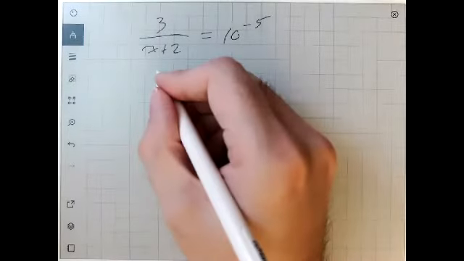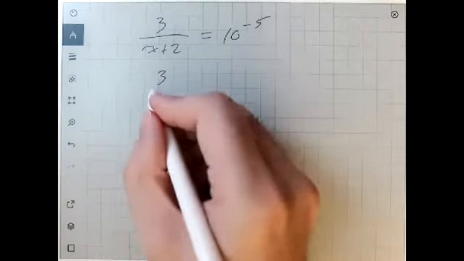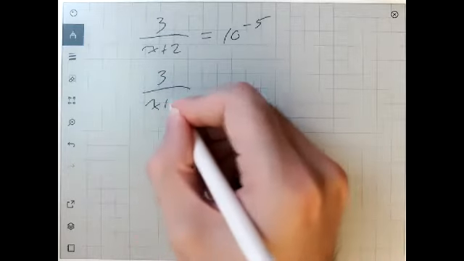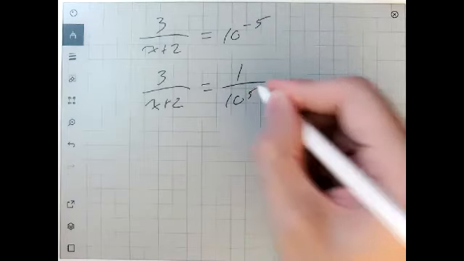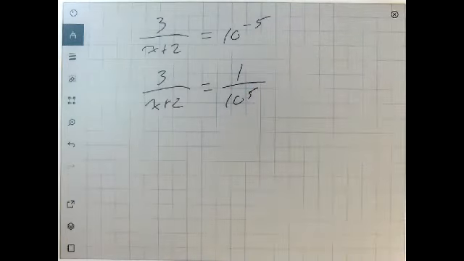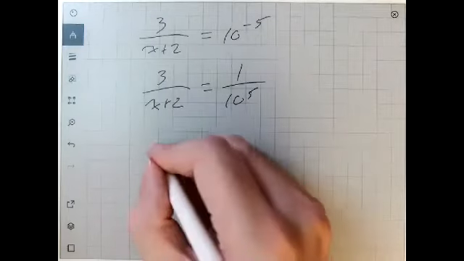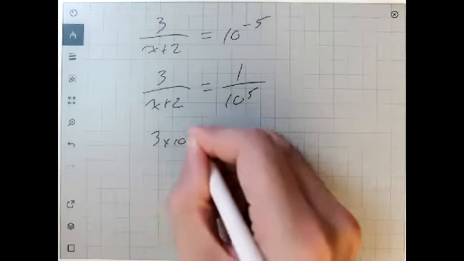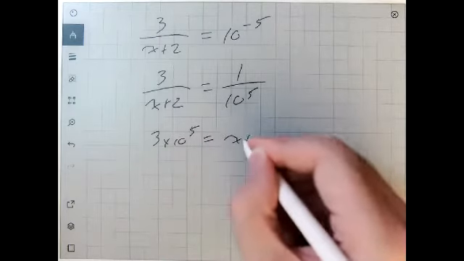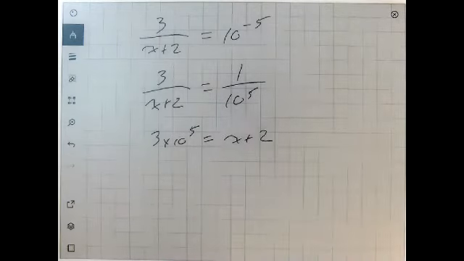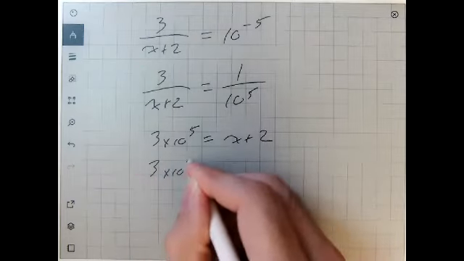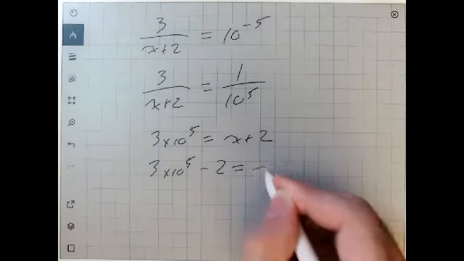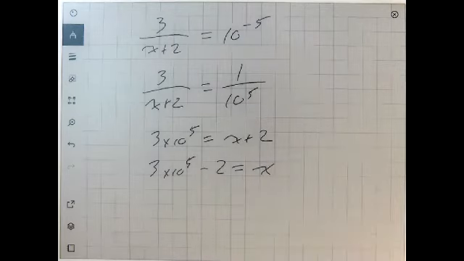In fact, in order to not deal with ugly decimals, I'm inclined to write 10 to the -5 as 1 over 10 to the 5th, and then use the cross product test like any other proportion. So this is 3 times 10 to the 5th is equal to x plus 2 times 1. So 3 times 10 to the 5th minus 2 is the value of x.